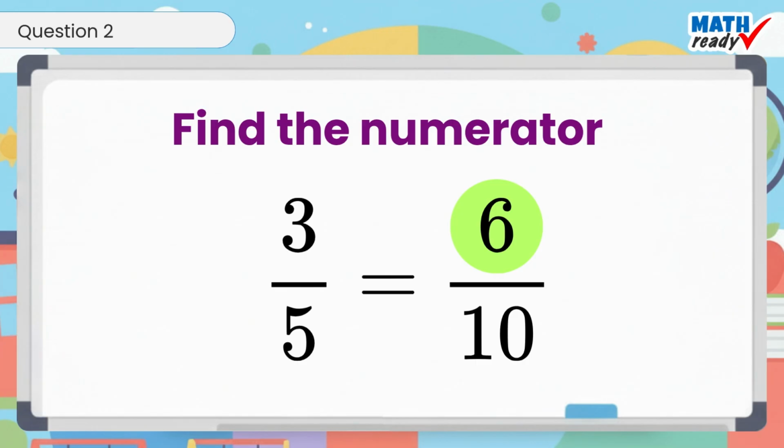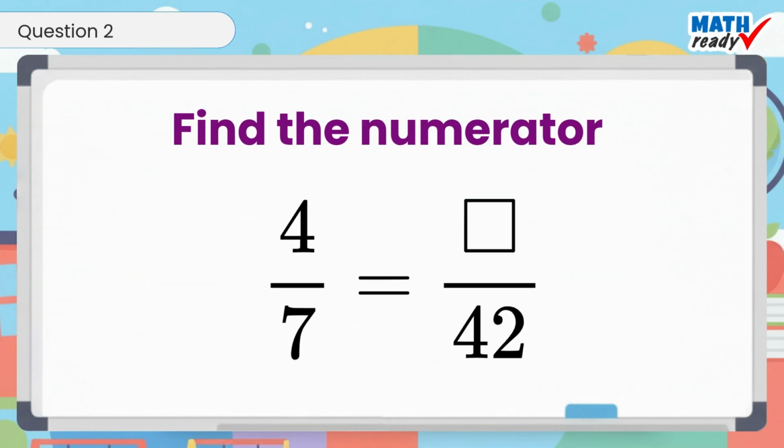Let's look at the second example. Find the numerator in the second fraction if 4 over 7 is equivalent to something over 42. For our first fraction, we can see that the denominator is 7, and in the second fraction, the denominator is 42. This means the denominator in the first fraction was multiplied by 6 to become 42, which is the denominator in the second fraction.